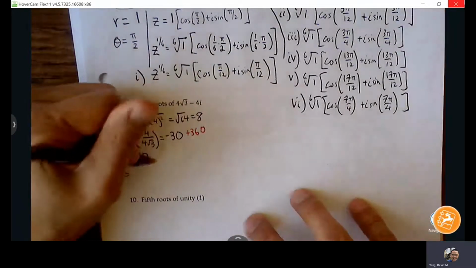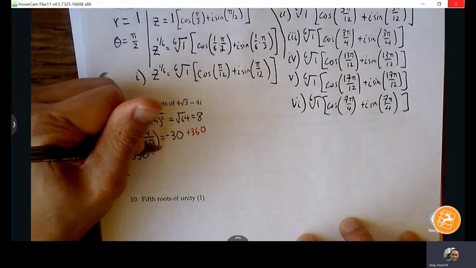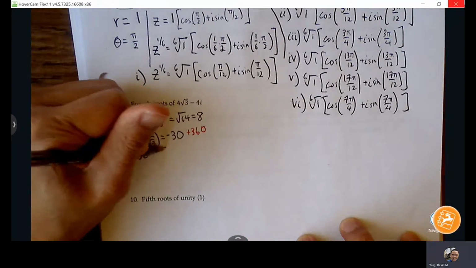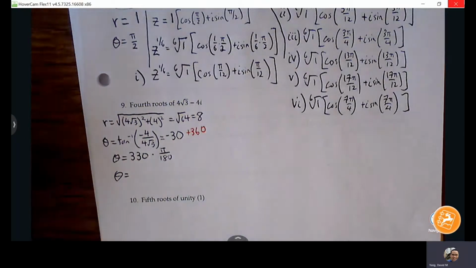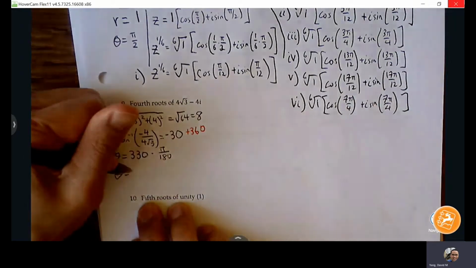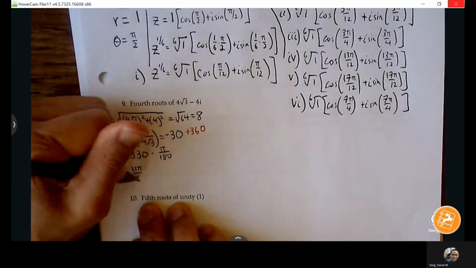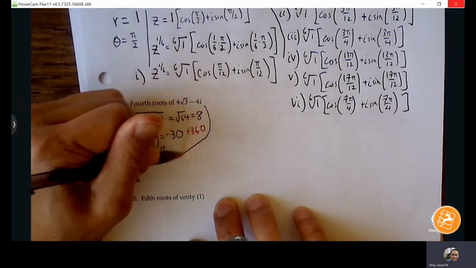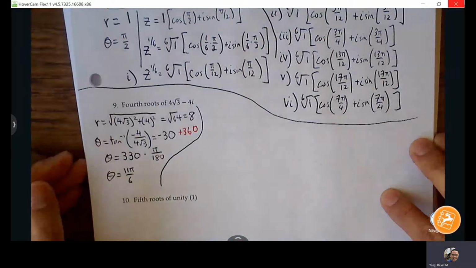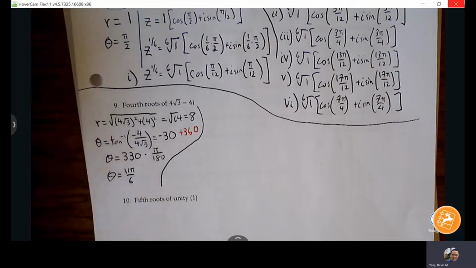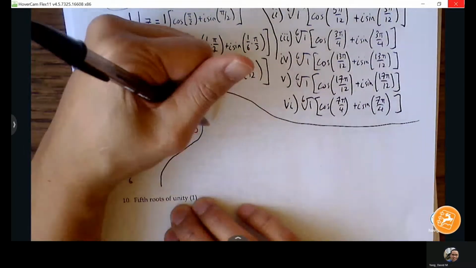If I want to convert it to radians, I can always do times pi over 180. You can also recognize 330 as a variation of pi over 6 in the fourth quadrant, so 11 pi over 6. All right, let's build our polar form.